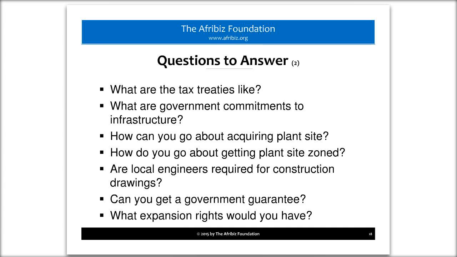But the point is that, again, if you need infrastructure from the government, if you need road access, if you need the grid, the transmission lines to be extended further so you can interconnect, you need to know what government commitments in general there are. What is their policy about if you're bringing power, are they saying that they're going to pay for that?